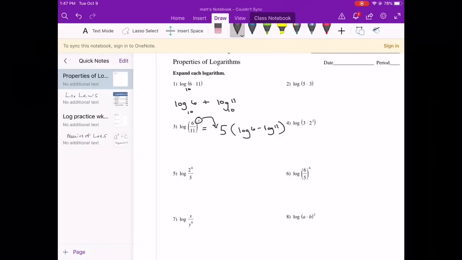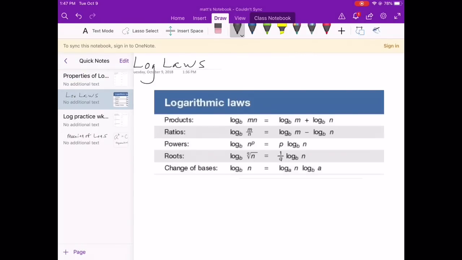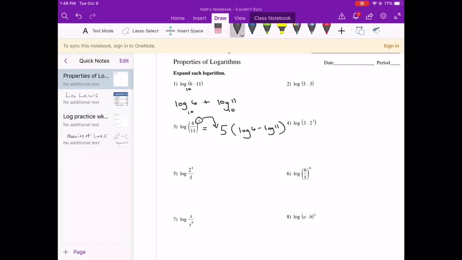If I just go back as a quick refresher of my laws here, I had a power rule right here, so n to the p was the same as p times the log of n, and then I had a ratio here where I divided inside my log, which was the difference. Notice it was numerator minus denominator. So if I go back to my properties, you could see a little bit better where that came from.